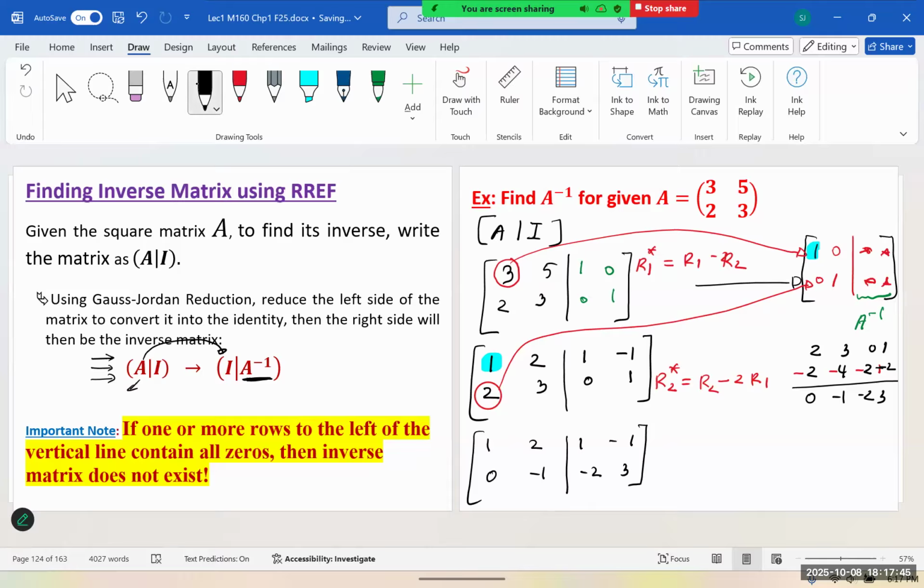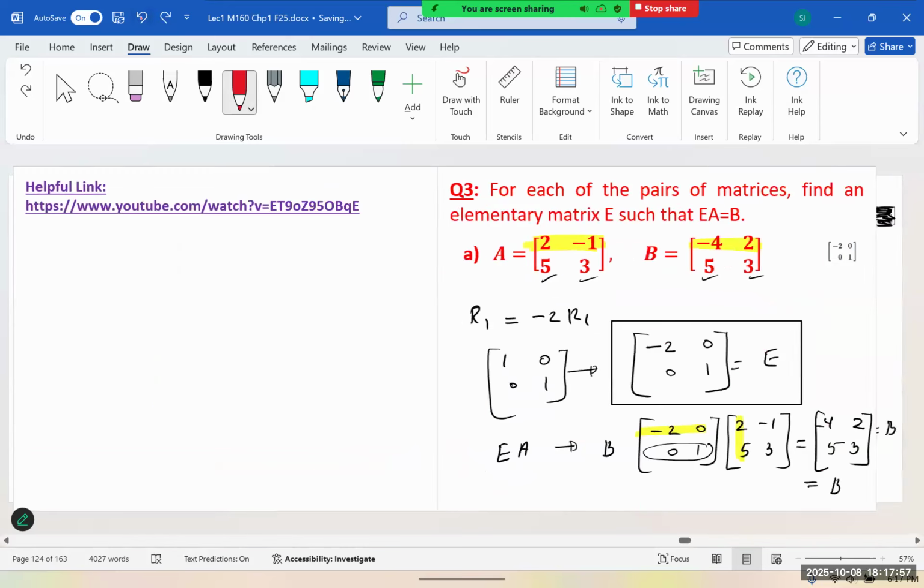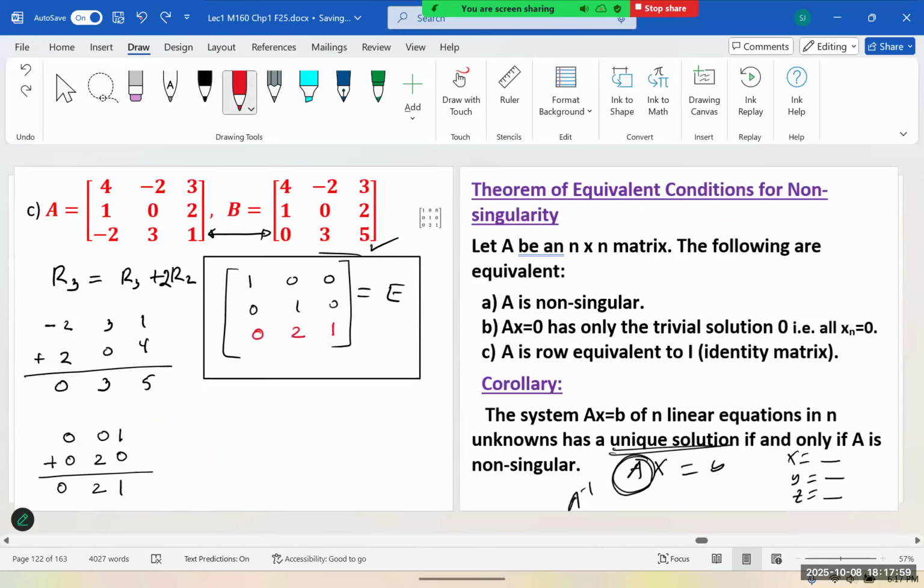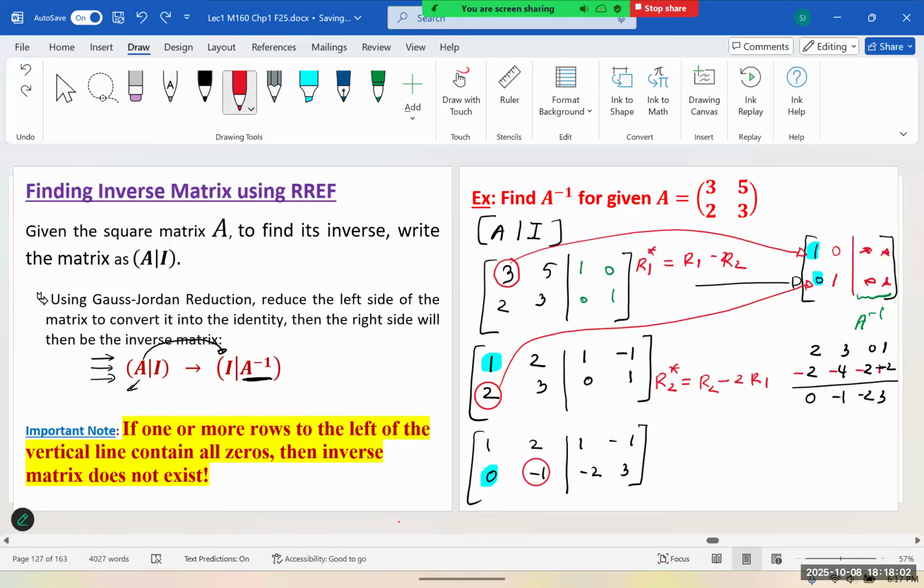Okay. Now this one is satisfied with this one. So you're happy. So we are going to go for the next one. This -1, we want to turn this into +1. So it's the easy one, right? All I need to do is divide the R2 by -1 or multiply by -1.